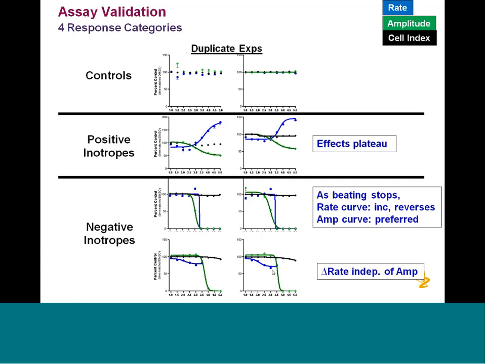You can see here that rate has a response before there's any change in amplitude. So this effect is independent of amplitude. So while they're generally compensating, that's kind of where you start, but it doesn't have to be the case. They can be independent.